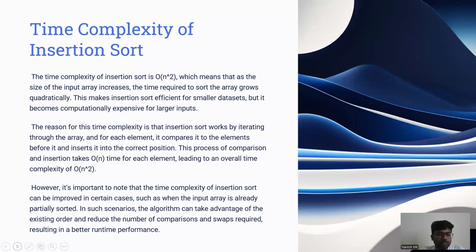However, it is important to note that the time complexity of insertion sort can be improved in certain cases, such as when the input array is already partially sorted. In such scenarios, the algorithm can take advantage of the existing order and reduce the number of comparisons and swaps required, resulting in better runtime performance.